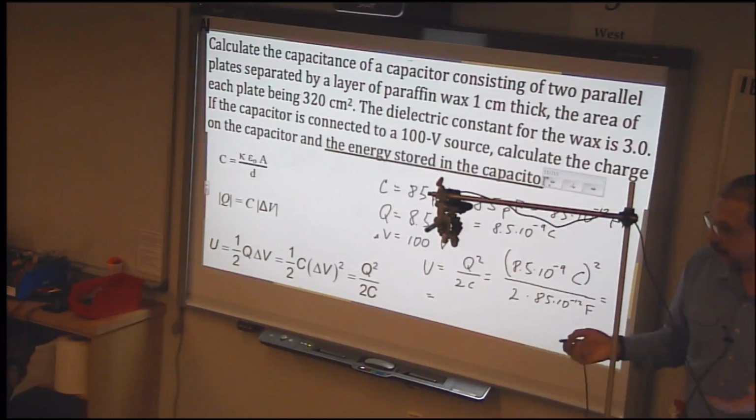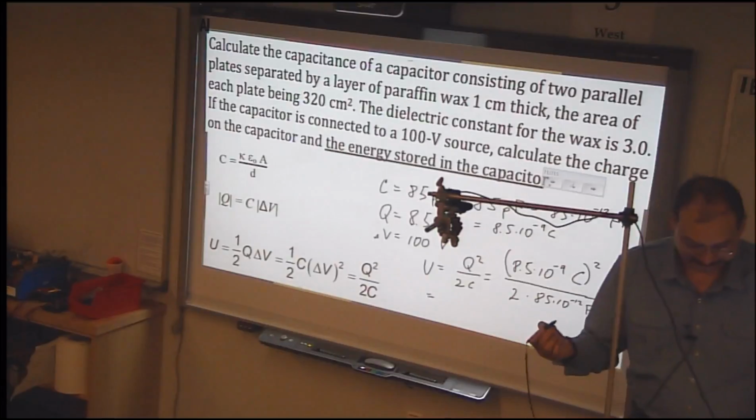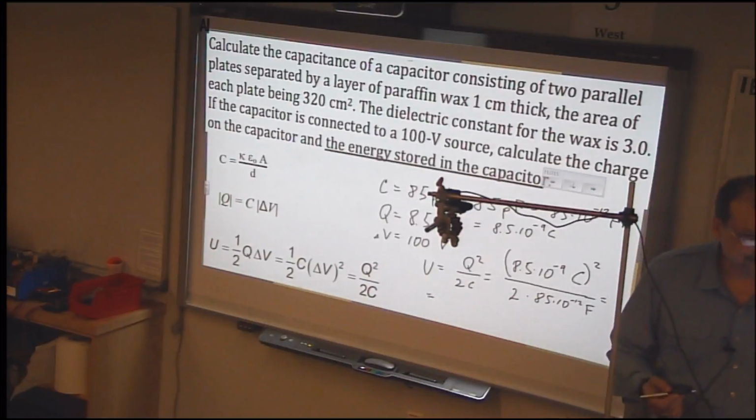So now you have to take a calculator. Oh yeah, you're ahead of me. And please calculate the energy and tell me. So joules.